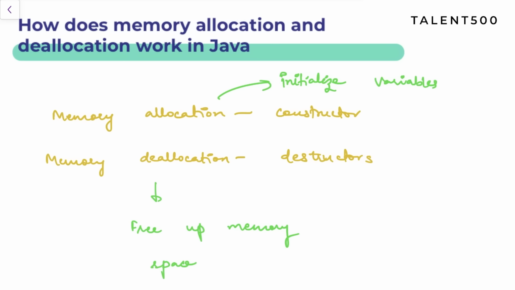And for the destructor part, like I said, you do not actually have to do it separately. It will actually work on its own, but still, if you somehow want to handle it, how can you do it? With the help of finalize methods.